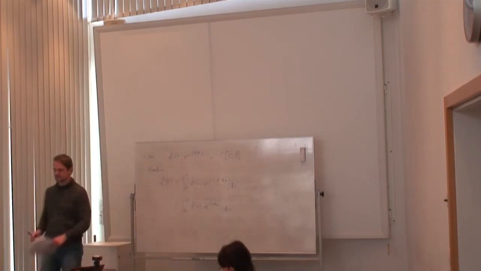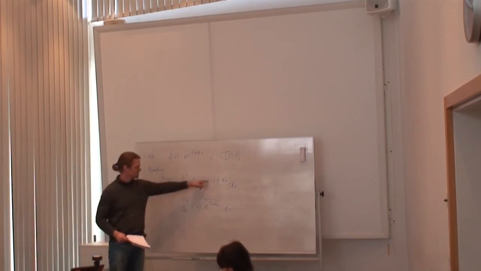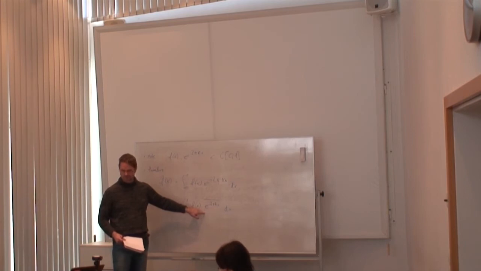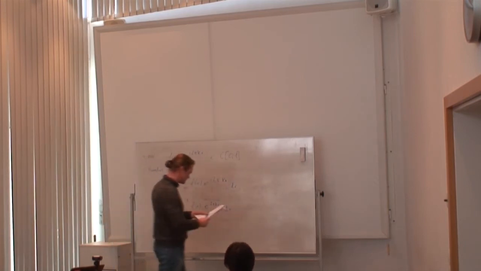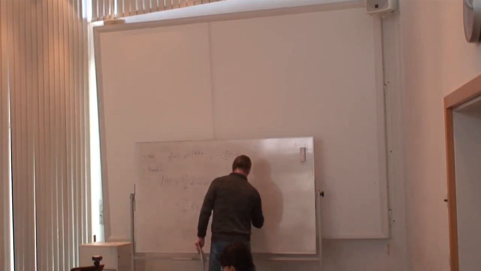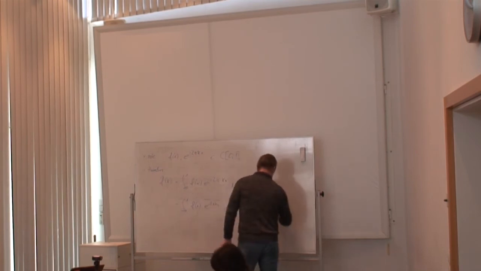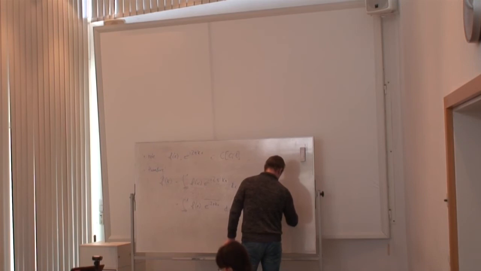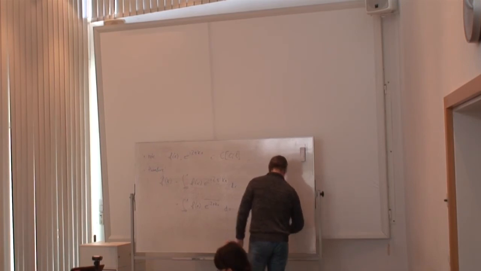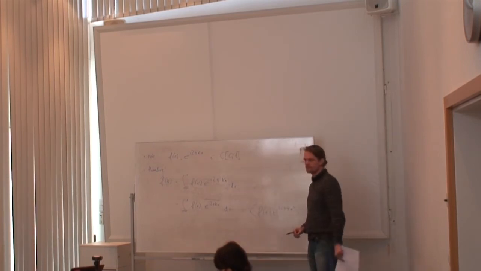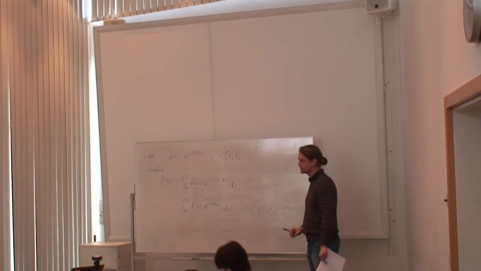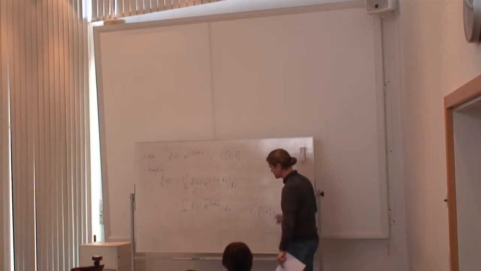Do you see this? This minus here basically says that this is the complex conjugate of this function. But given what we just discussed, this is the same as the inner product between f of x and e to the i 2 pi kx.